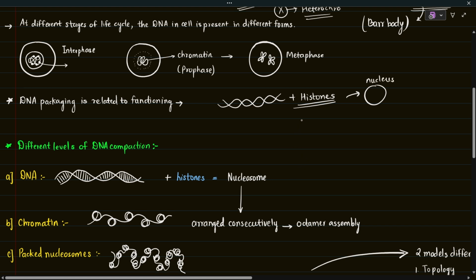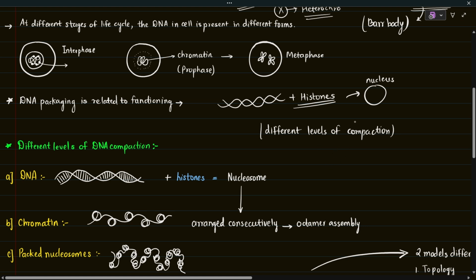When these histones pack DNA in the nucleus, they can pack those DNA structures at different levels of compaction. Now, why is it so? Why does DNA need to be compacted at different levels of compaction?